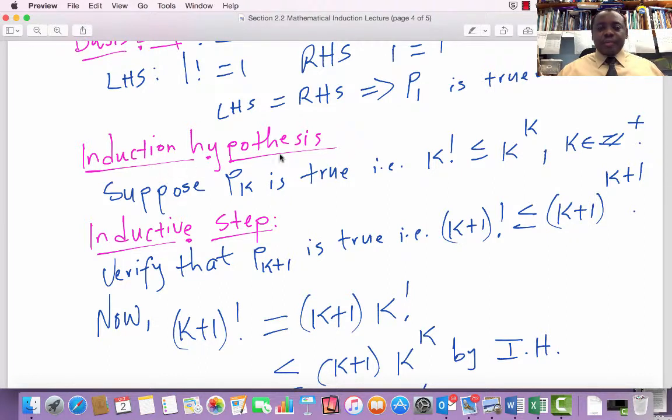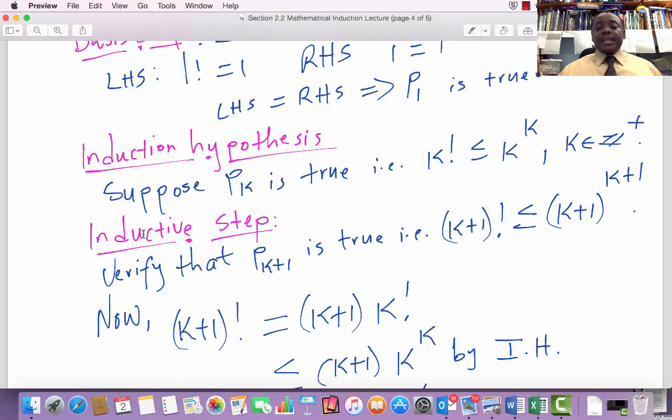Induction hypothesis. Suppose that Pk is true, or assume that Pk is true. What does that mean? It means that k factorial is less than or equal to k raised to the power k for some positive integer k.